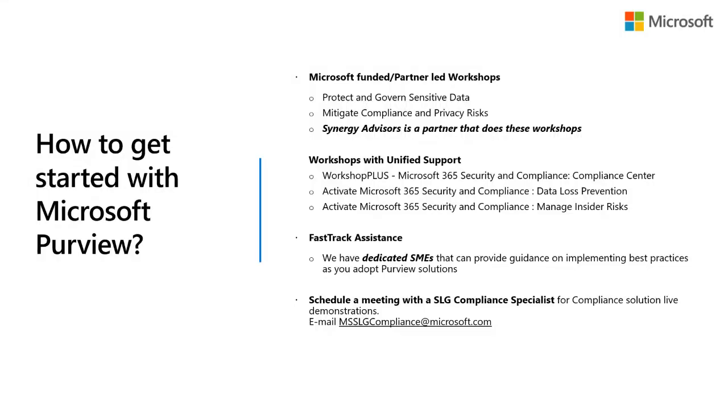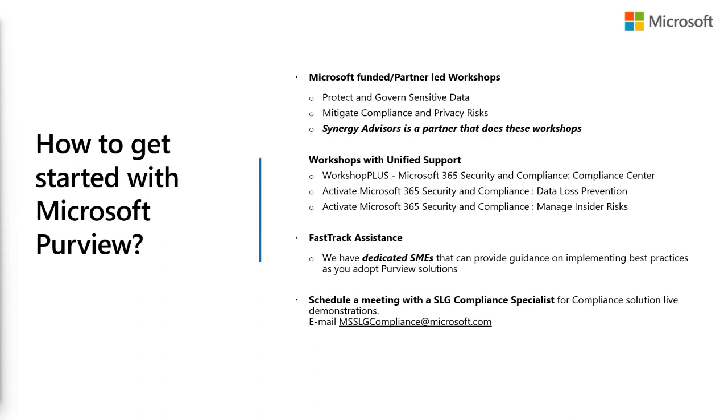All right, so how to get started. Microsoft has a number of resources for you on how to get started. We have funded partners that can help you do workshops around our solutions. If you're a unified support customer, we have a number of unified support resources, both in people as well as workshops. And if you're a Microsoft customer, we have a whole team of FastTrack organizations that can help you deploy your solutions.